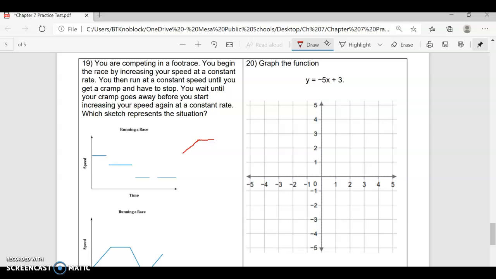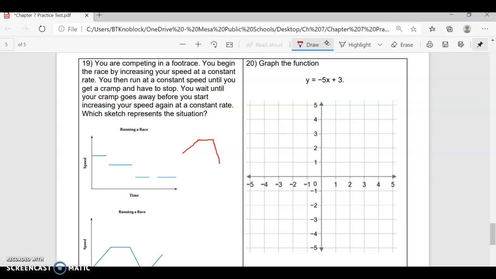Until you get a cramp and you have to stop. So if you have to stop, you're going to end up going down. You're probably going to go down a little faster because you got a cramp. And you stop. And then, let's see, you have to wait until your cramp goes away.